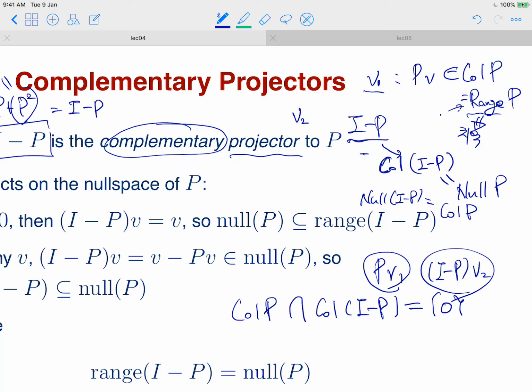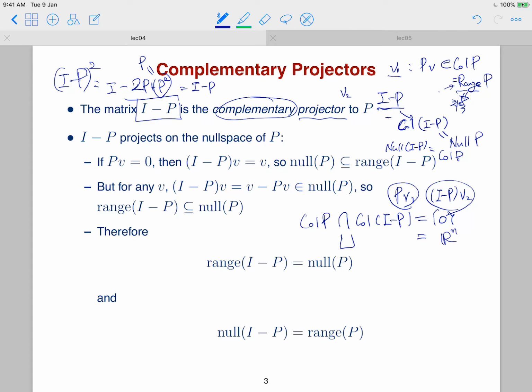Okay, and also what about their union? In their union, it is just the entire space of R^n.